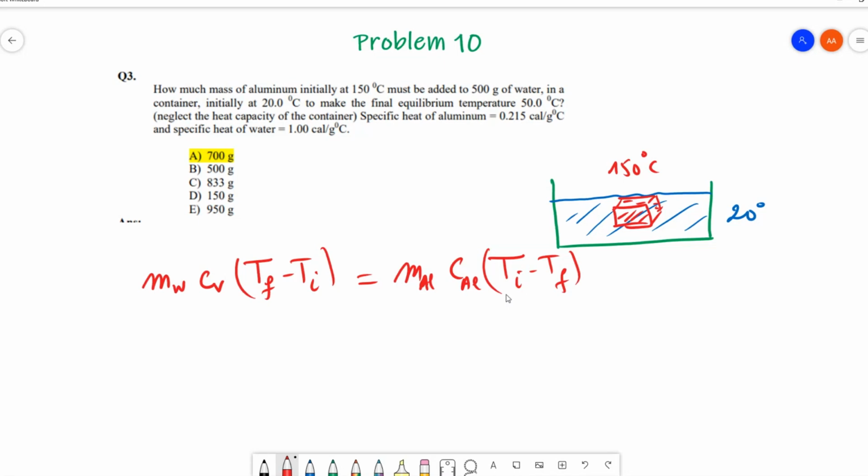Be careful here, I exchanged the initial minus final, because here I'm expressing the heat which is released by this one. So I need to change this one to make it positive.